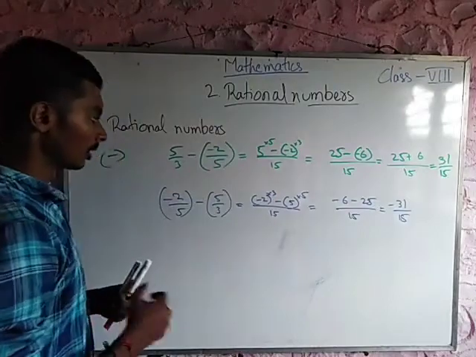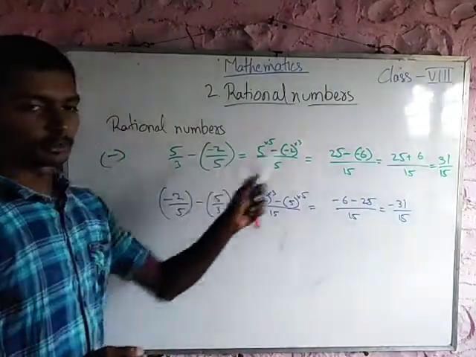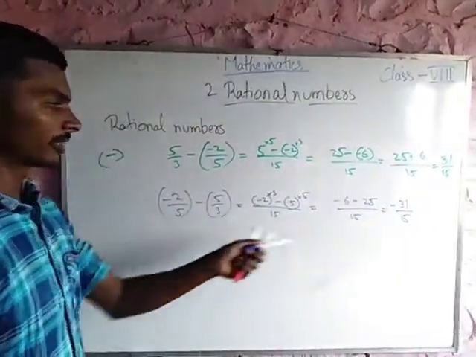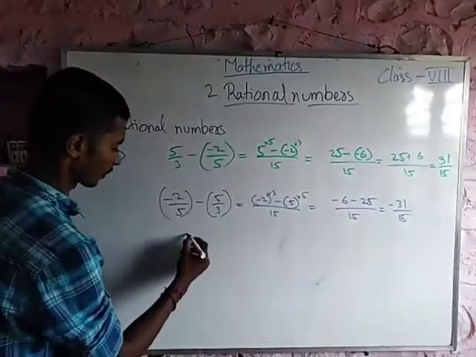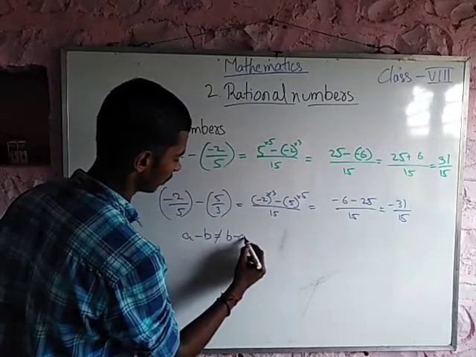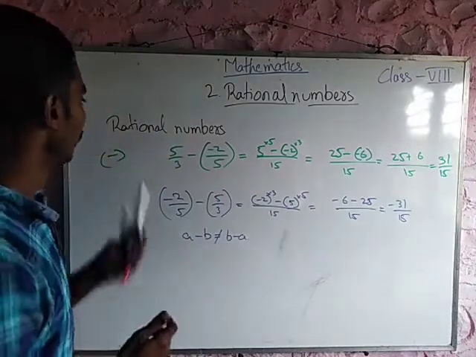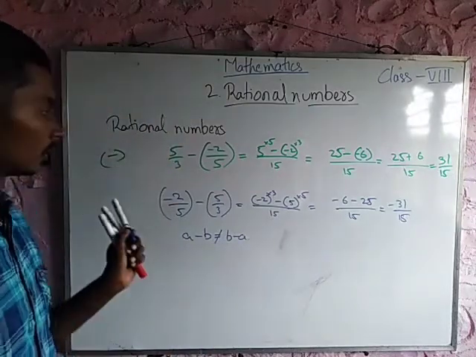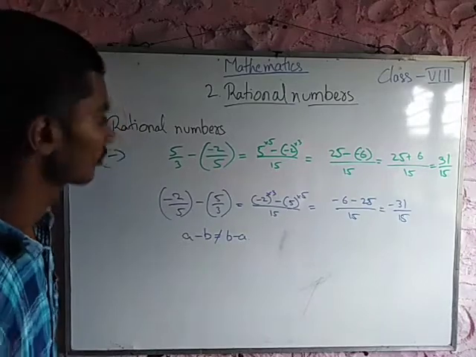See, with a minus b I got some result, and b minus a I got some other result. So a minus b is not equal to b minus a, and hence rational numbers are not commutative under subtraction.